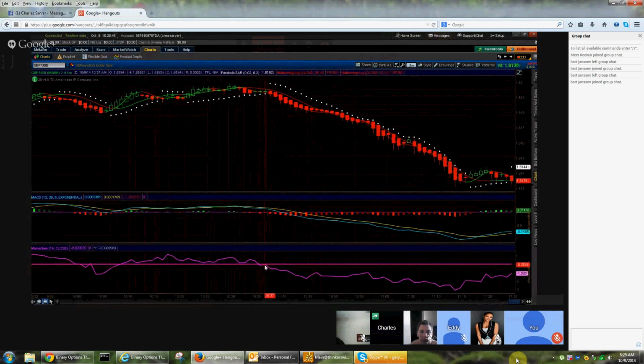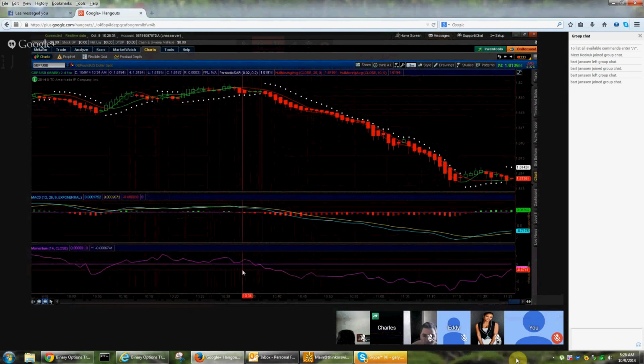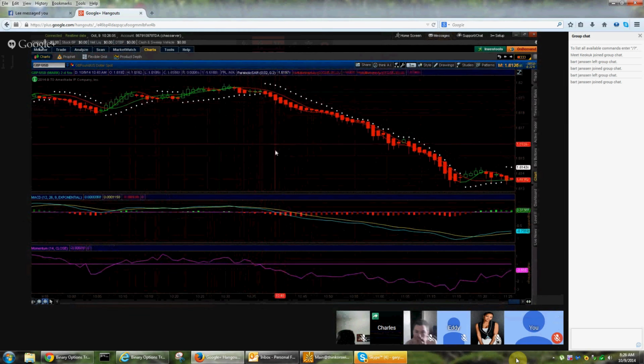And it's not necessary, but I like for it to be crossed to see the line. Sometimes when you get a really strong trend, it'll go from way up here and straight down. But you can see these candles are kind of small, so it's not a real powerful trend. It's trending down, but it's not real strong.